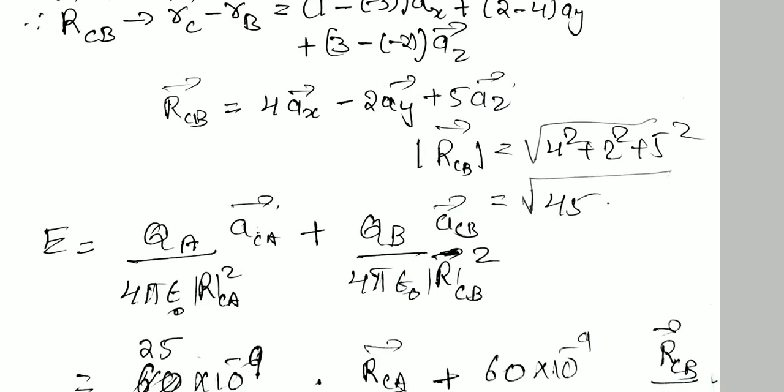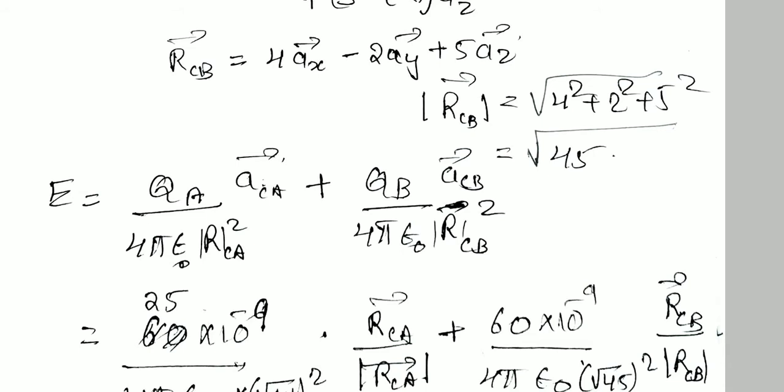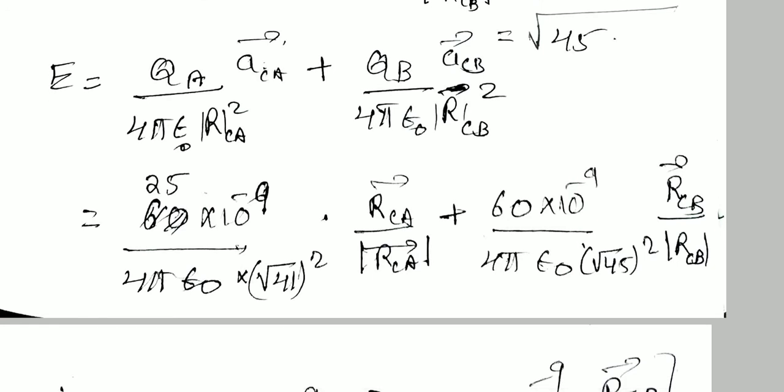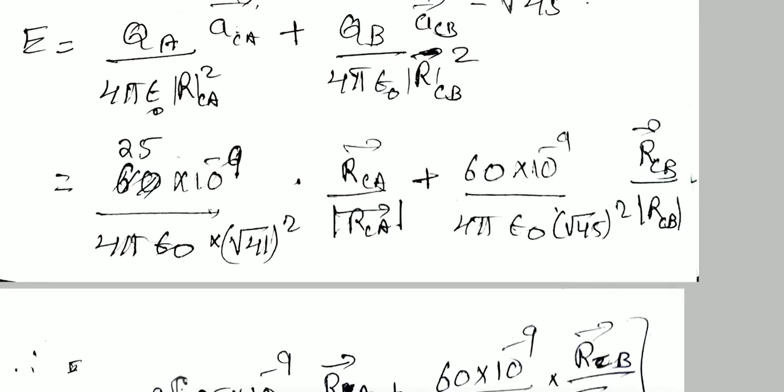The total electric field intensity E due to the two charges QA and QB is given by the electric field intensity due to A plus the electric field intensity due to B. The electric field intensity due to A is given by QA divided by 4 pi epsilon naught times the distance squared, into the unit vector n. Similarly, the electric field intensity due to B is given by QB divided by these terms. After this, we will substitute the values.